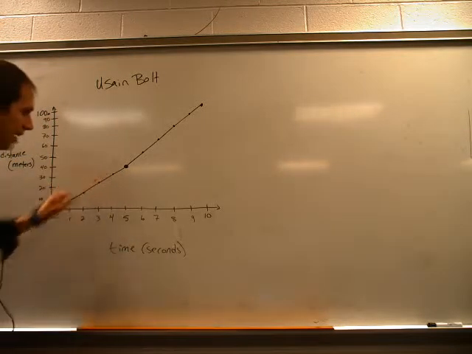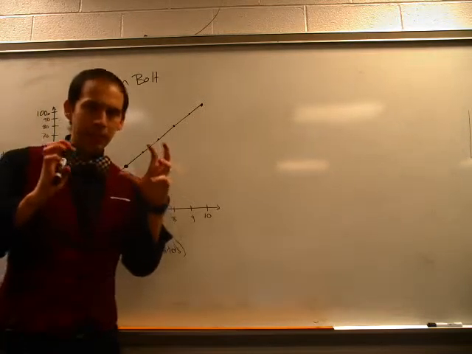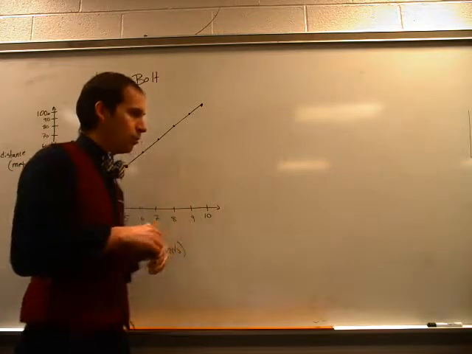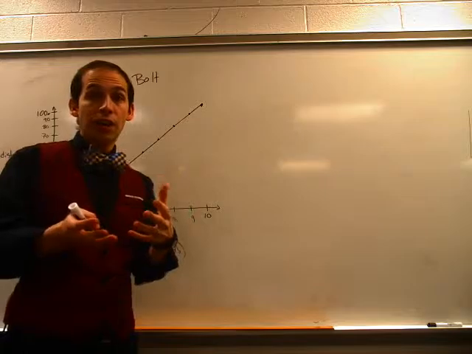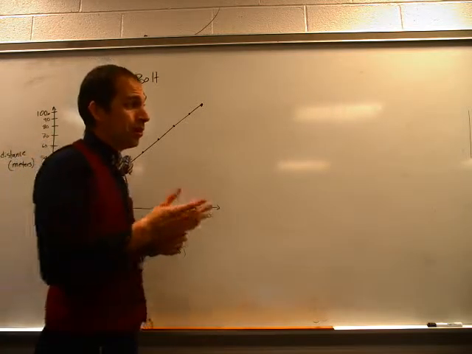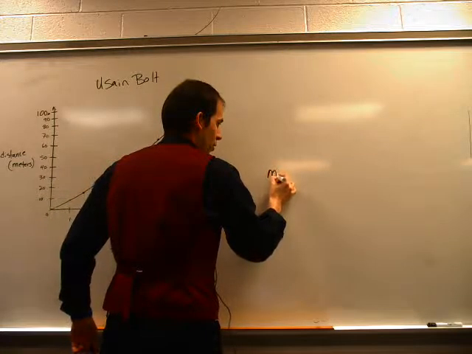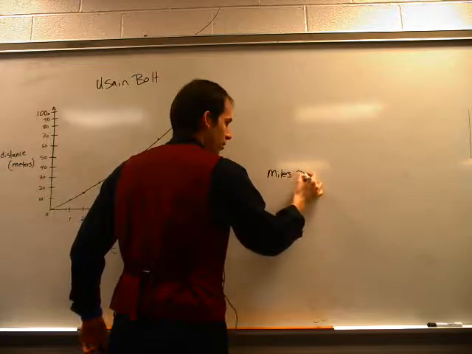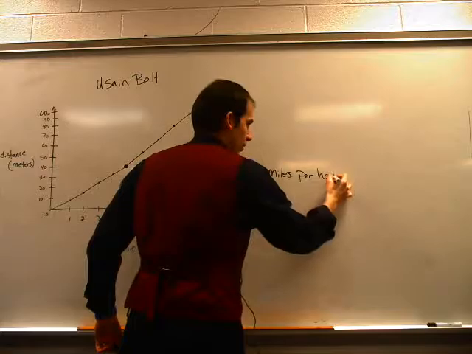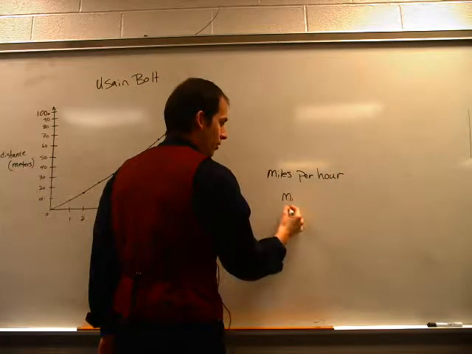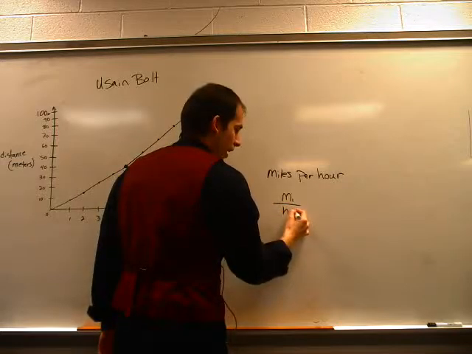So in order to figure out how fast someone goes, you gotta think about it, like, how do you calculate somebody's speed? Let's break it down first by when you're in your car, what are you doing? You're going about 40 miles an hour. So we have miles per hour. All right, and we would write those units, miles per hour.